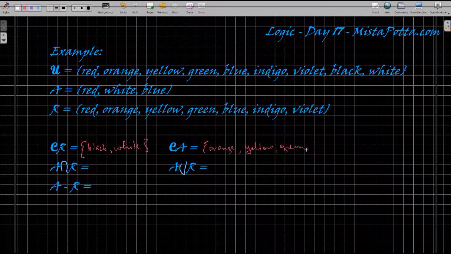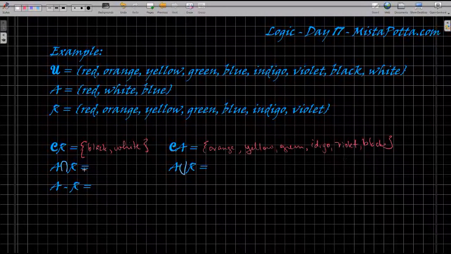But I'm good with indigo and violet. And black. But white does show up. So I had to get rid of those three elements from my universe to find my complement.